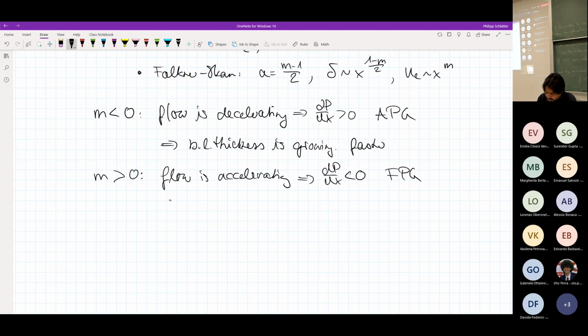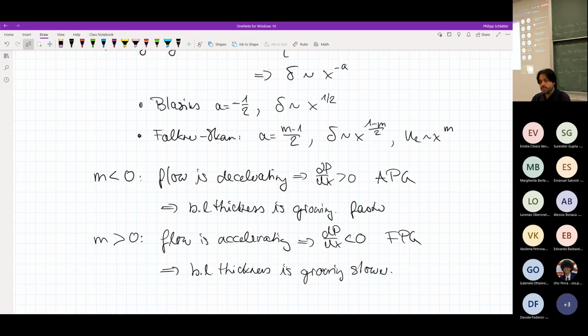And of course, then the consequence is that the boundary layer thickness is growing slower. It may also decrease, but it's growing slower.